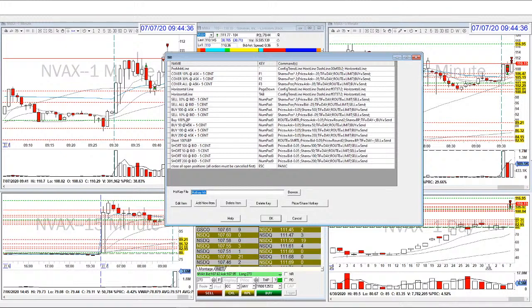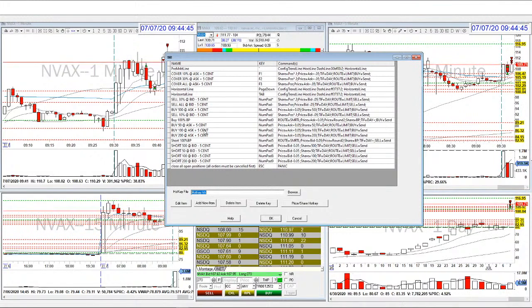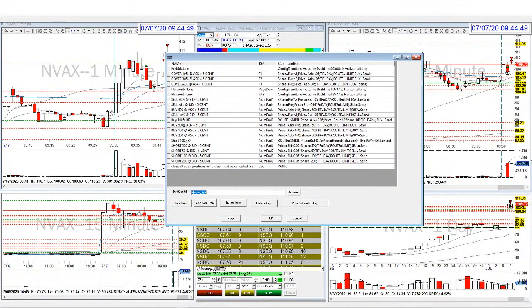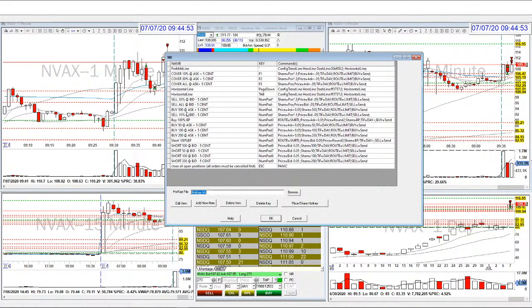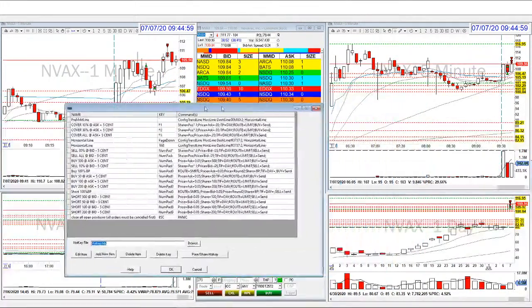I only enter at 100% buying power if I'm absolutely sure I can manage the risk to reward ratio. The largest share size I take is 500 shares.